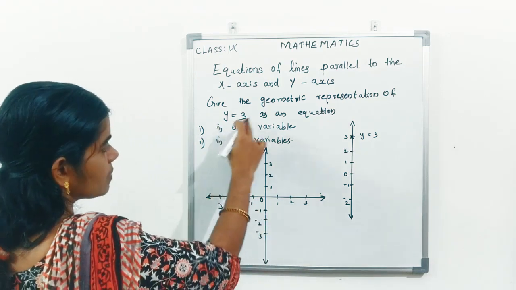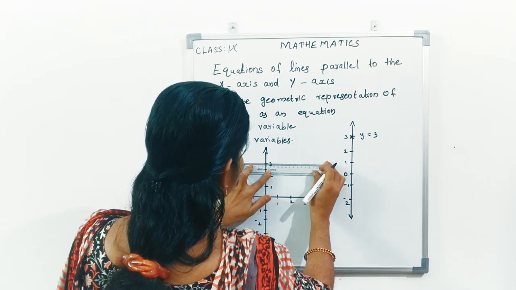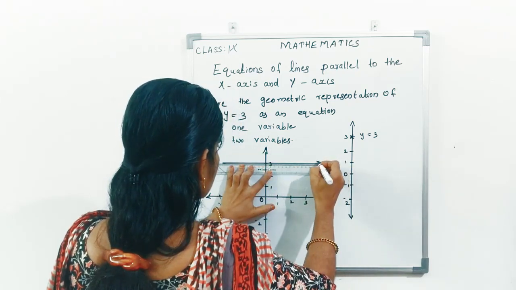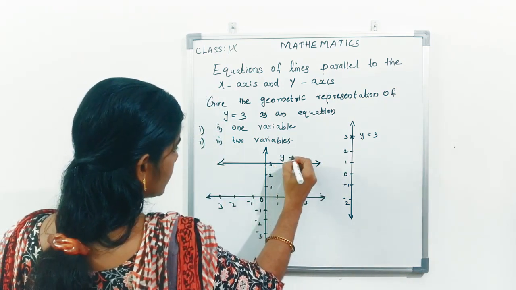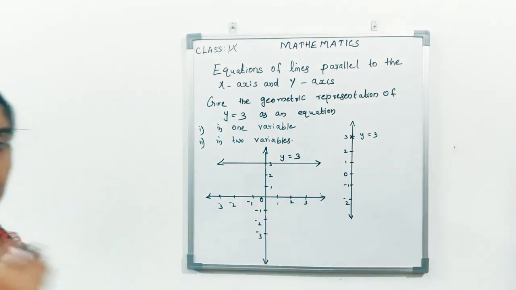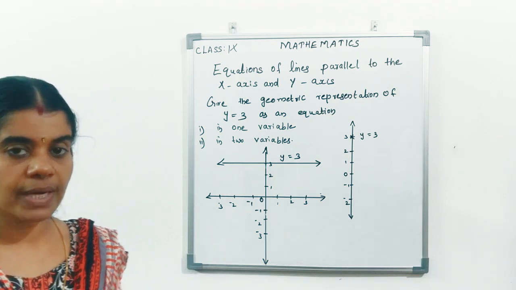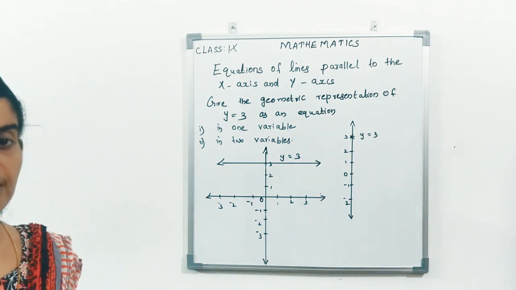Here you want to mark y is equal to 3, and along that you want to draw the line. This will be our equation, y is equal to 3. That will be parallel to the x axis. If you mark x as any value, that will be parallel to the y axis. If y is equal to anything, that will be parallel to the x axis.